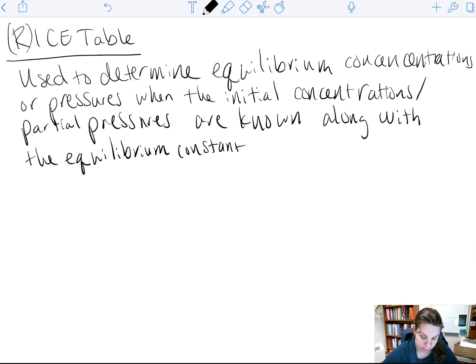Okay, so the RICE, the R is reaction, the I is initial, so this would be concentration or partial pressure.